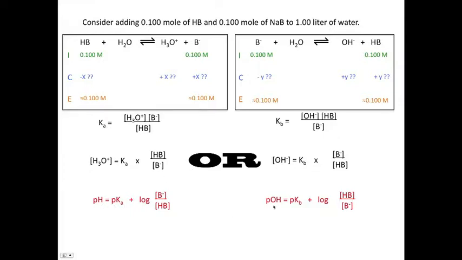The equations that are listed in red here are, believe it or not, related to the equation just above. This equation is essentially a log version of the one right above it. And so is this equation, because as you know, what is pH? It's the negative log of H3O plus. What is pKa? It's the negative log of Ka. So these two equations in red are simply mathematically related to the ones just above them.